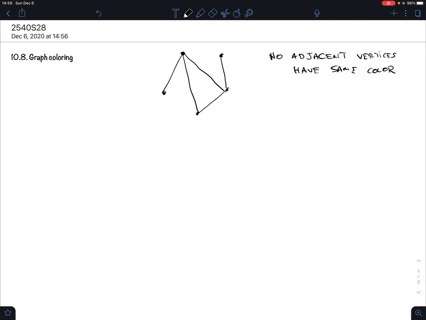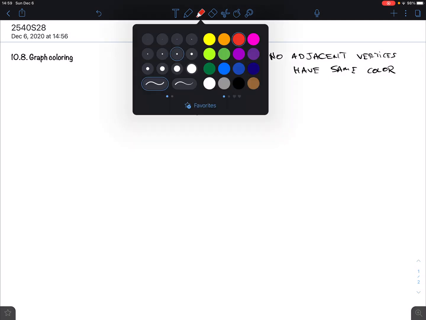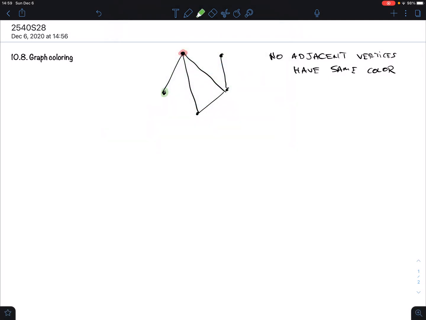For instance, in this case we would make this red, but it is clear that we always need at least two colors, except if we have just a single vertex. But for a real graph, a graph with edges, we will need at least two colors.